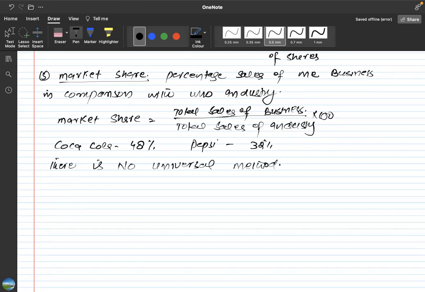So it depends on the different perspectives that I have discussed with you, that there is no one universal and absolute method of measuring the size of the business. When it comes to measuring the size of a business, we always use at least two methods, and on the basis of that we decide which business is considered small or which business is considered large.